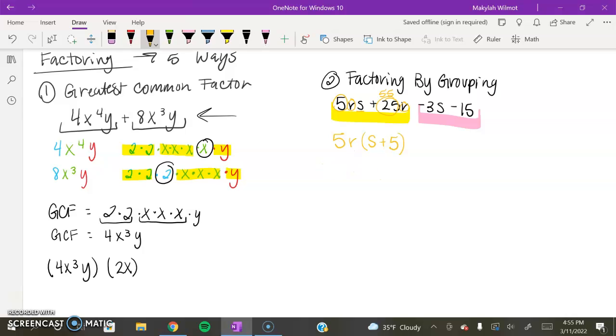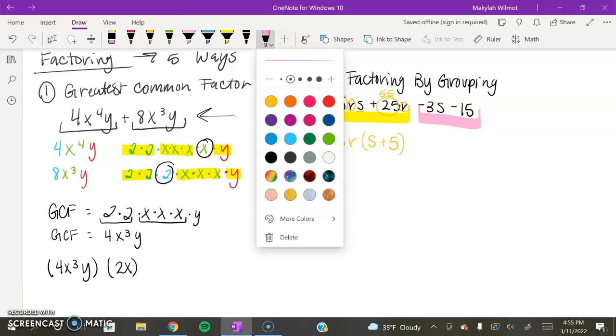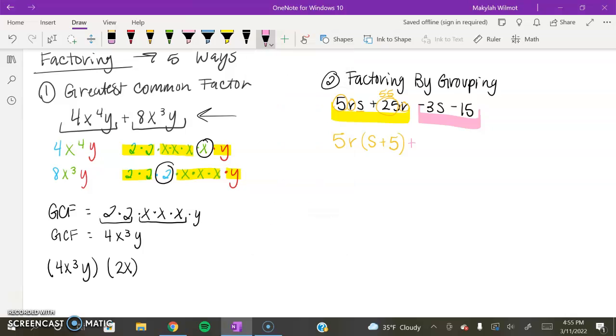And then we're going to look at this one. You can divide these still by a plus sign. This plus sign is just like, they're all together.